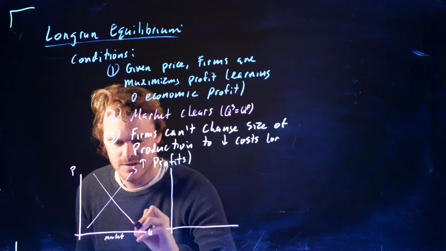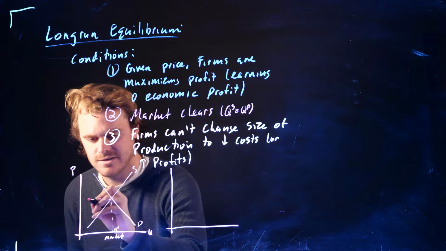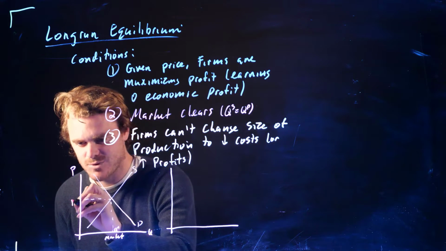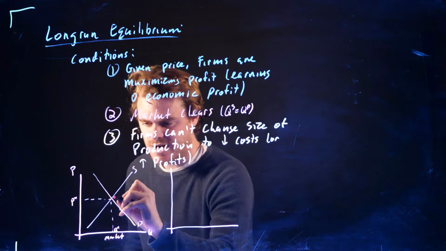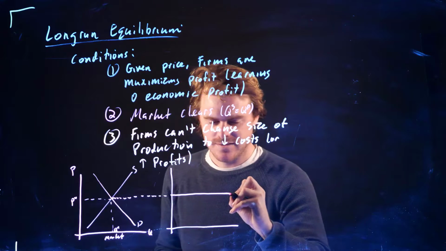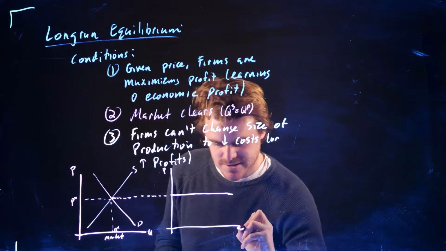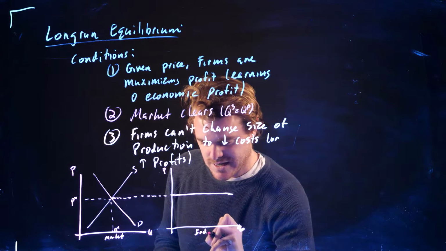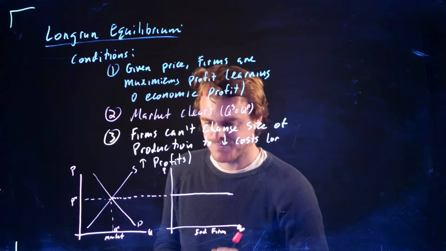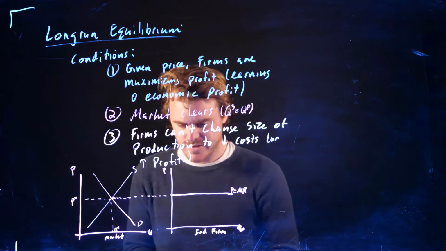Supply and demand together give you Q star and P star, and remember this price in the market determines the price that the individual firms face, so P and little q, and this is the individual firm. This is the price equals marginal revenue.